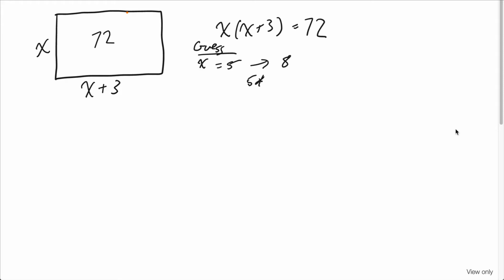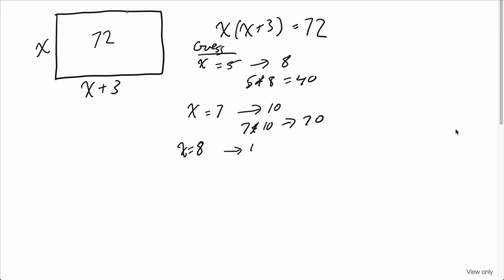And 5 times 8 is 40. All right, so that's too low. Let's try the next one. Let's try 7. And that leads to 10. So that's nice and easy. 7 times 10 is 70. Ooh, that's pretty close. Let's do one more. So x is 8. Leads to 11 for the other side.